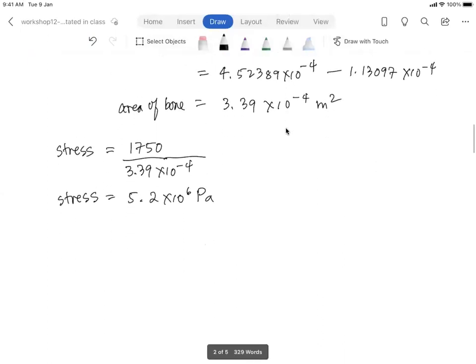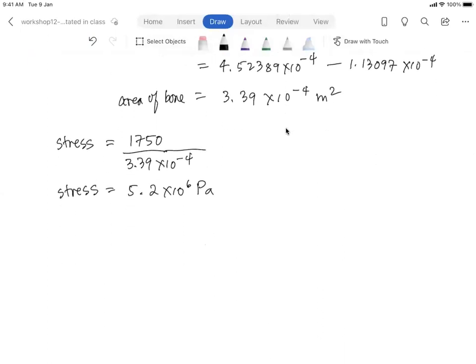Okay, next question, question B, is to find the strain. From definition, we know strain is the change in length, or the deformation, divided by the original length. But in this case, we don't know the change in length, delta L. We don't know the deformation.